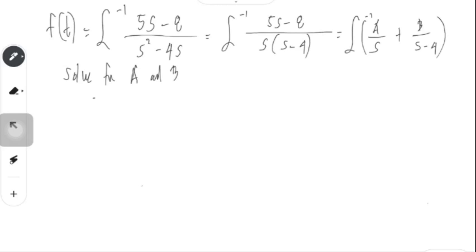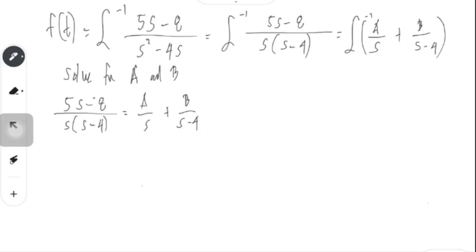And this is possible by considering the fraction 5s minus 8 divided by s times s minus 4. You have this in your algebra. It's equal to a all over s, then plus b all over s minus 4.